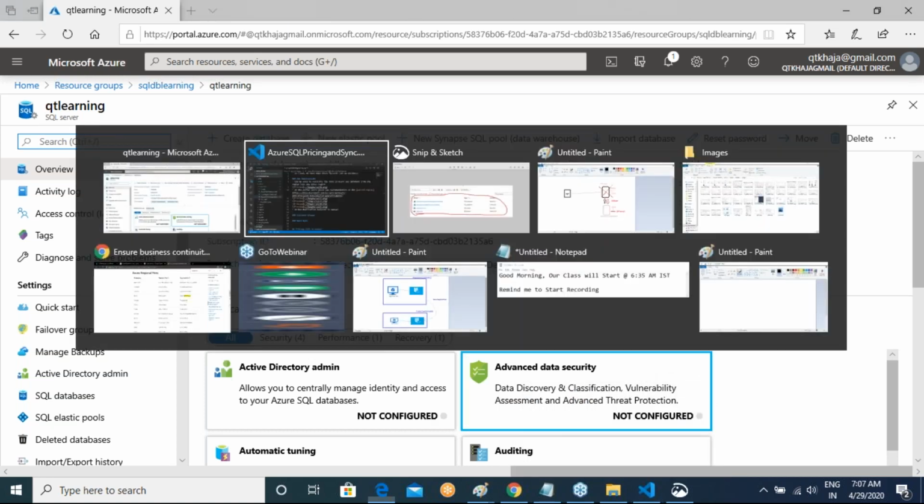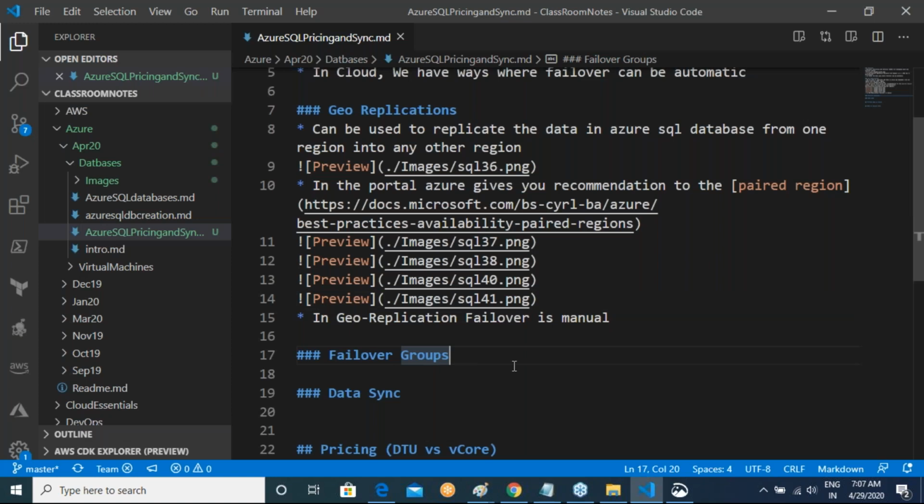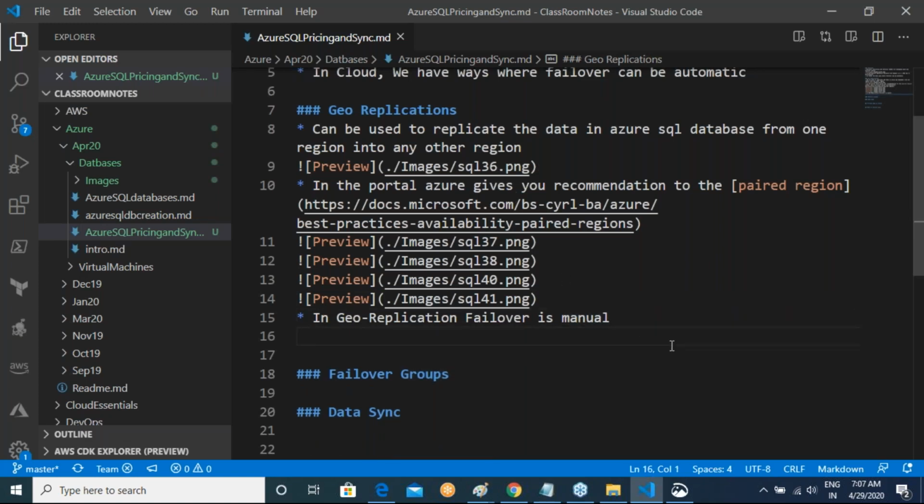So there are two things. Geo replications are performed at database level.